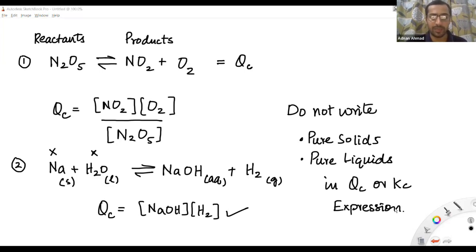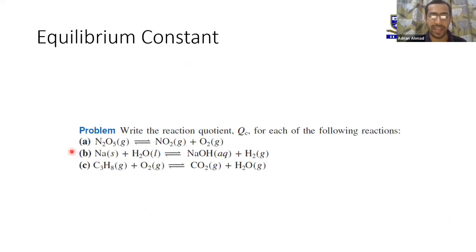Now let me take you back to the presentation, and you can note down the other questions that I'm displaying. I solved the first two, and you can try the third one, which is C3H8, a gas, and O2, also a gas, and we have carbon dioxide as a product and water as a product.